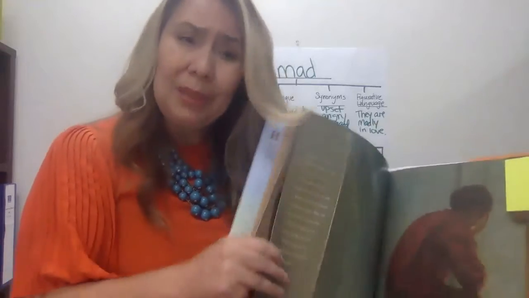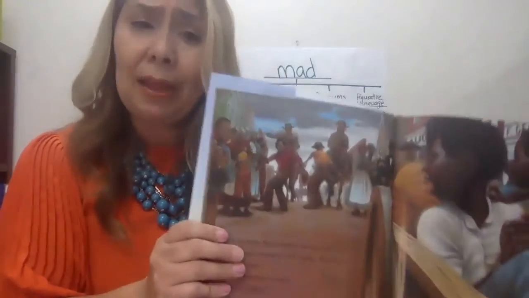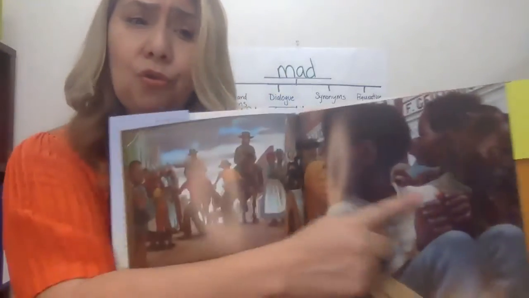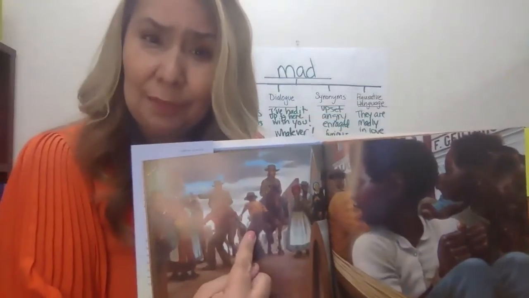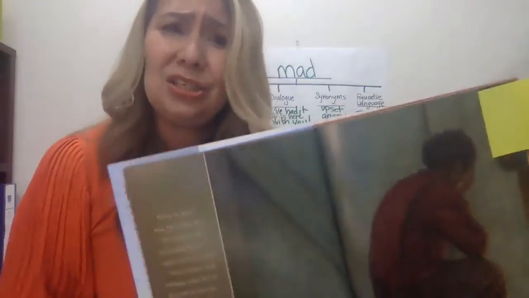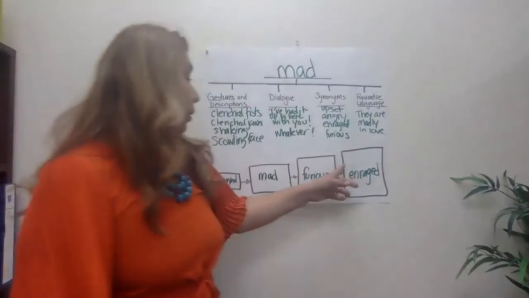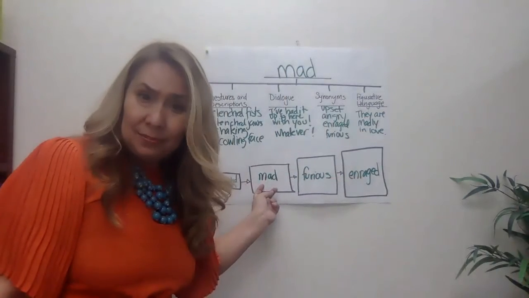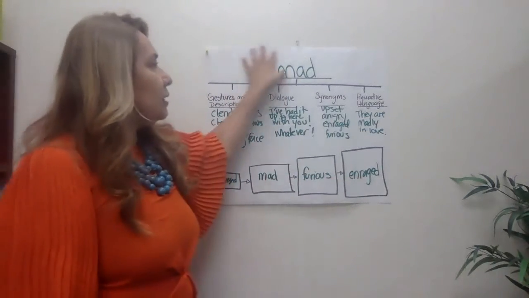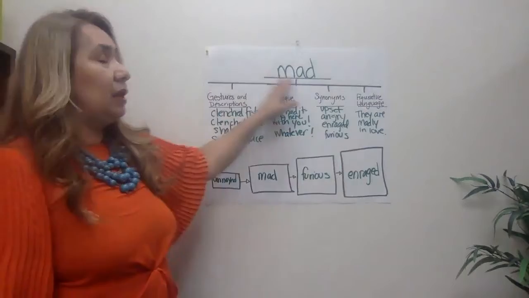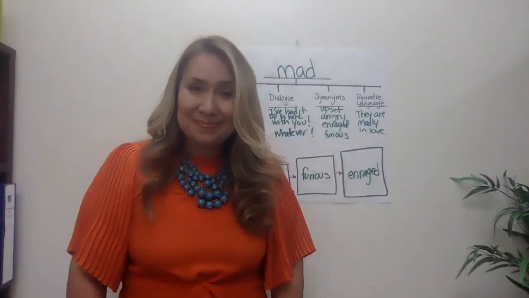They took them away from him. He was never going to see his family again. They cried, and he cried when he saw them being taken away. He was enraged. That's more than just being mad. And this, my friends, is our word study.